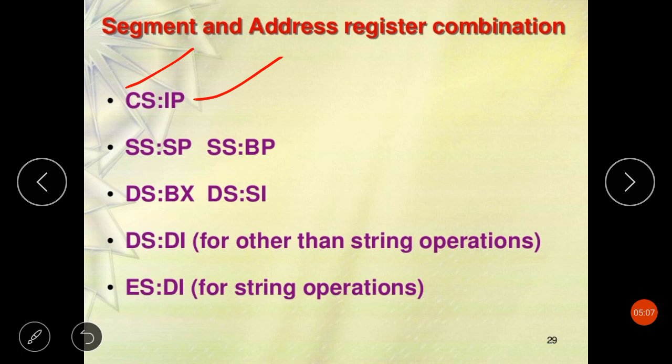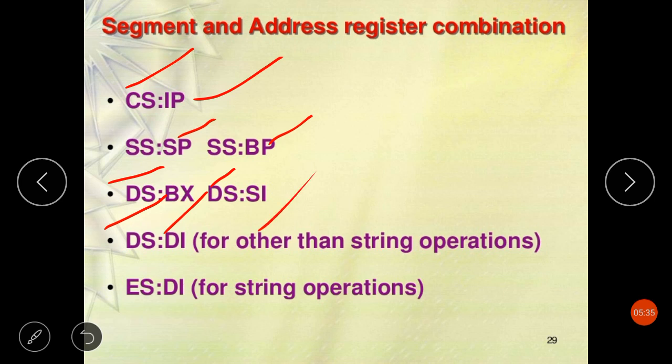For the stack segment, the starting address is stored by the stack segment register and the offset address is stored by either the stack pointer or the base pointer depending upon the addressing mode. For the data segment, the starting address is stored by the data segment register and the offset address is stored by the BX register or the source index register.